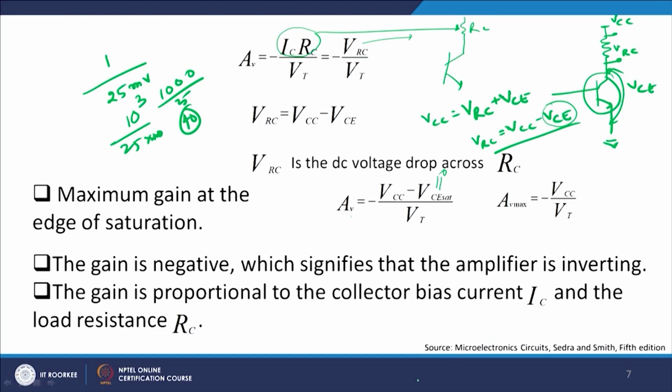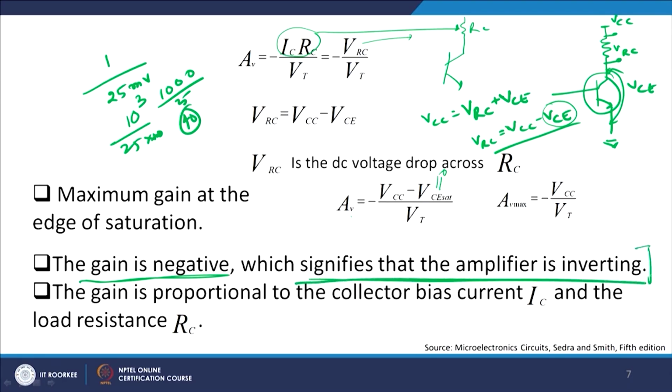But this is with the assumption that VCE sat equals 0, which is never the case. So, actually I will get a drop in the AV value. In reality, AV will be much smaller than 40, and you have to take care of that when you are designing a system. As I discussed, the gain is negative, which signifies that the amplifier is an inverting amplifier.